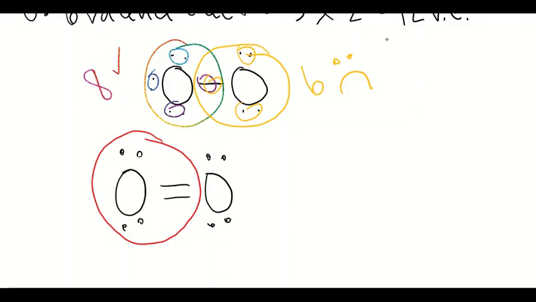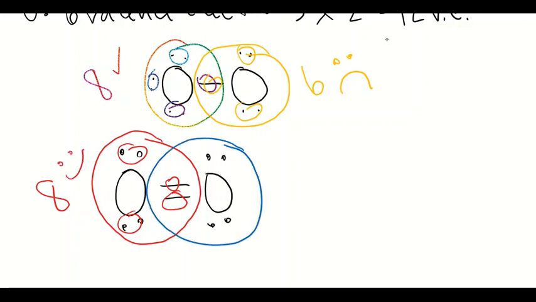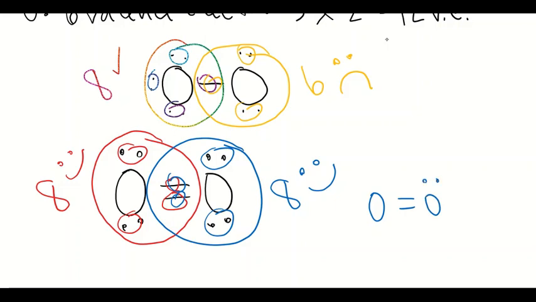This oxygen now has 2, 4, 6, 8. That's good. And this one has 2, 4, 6, 8. Remember, they're sharing those, so it still has access to them. So this now has 8, that's happy. So this is our valid Lewis structure of oxygen.